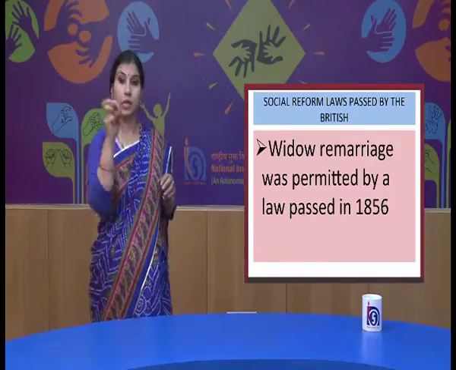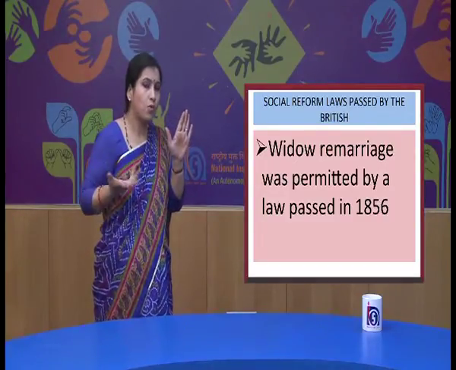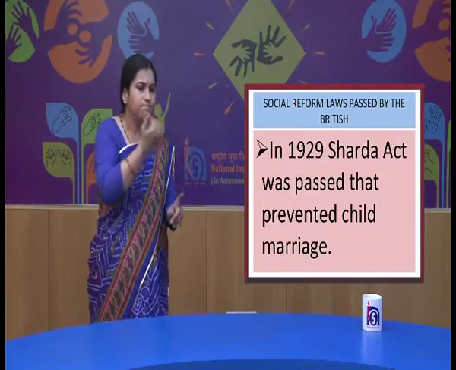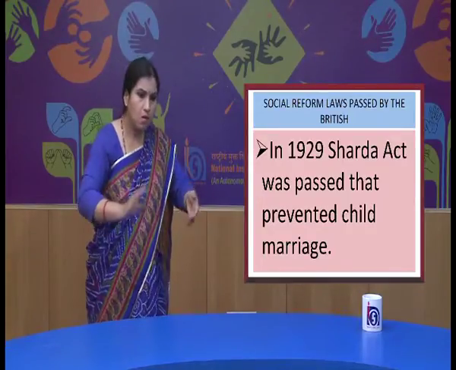The third law, which was against the existing social evil practice, was on child marriage.